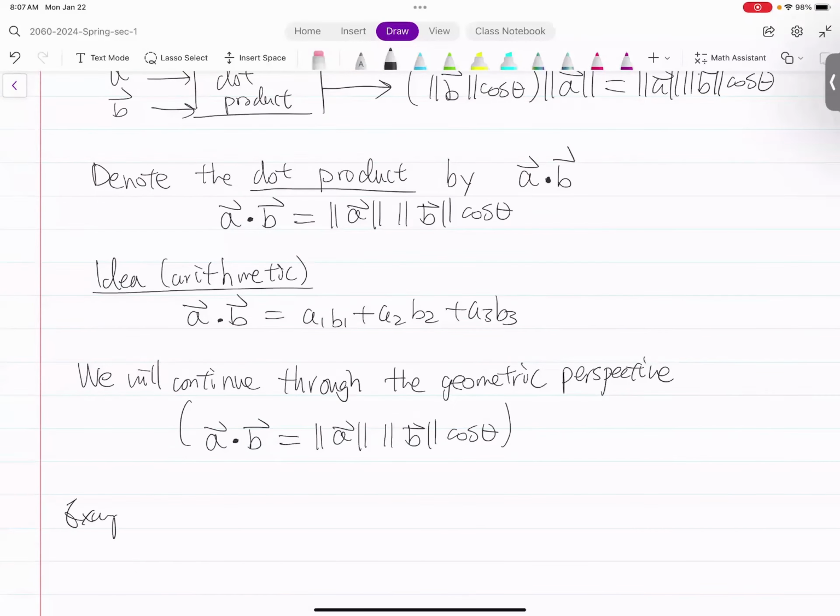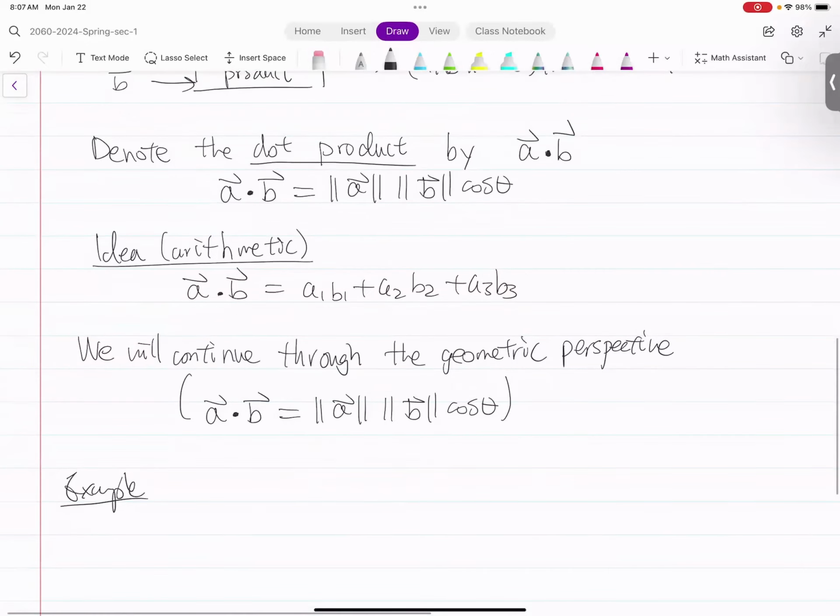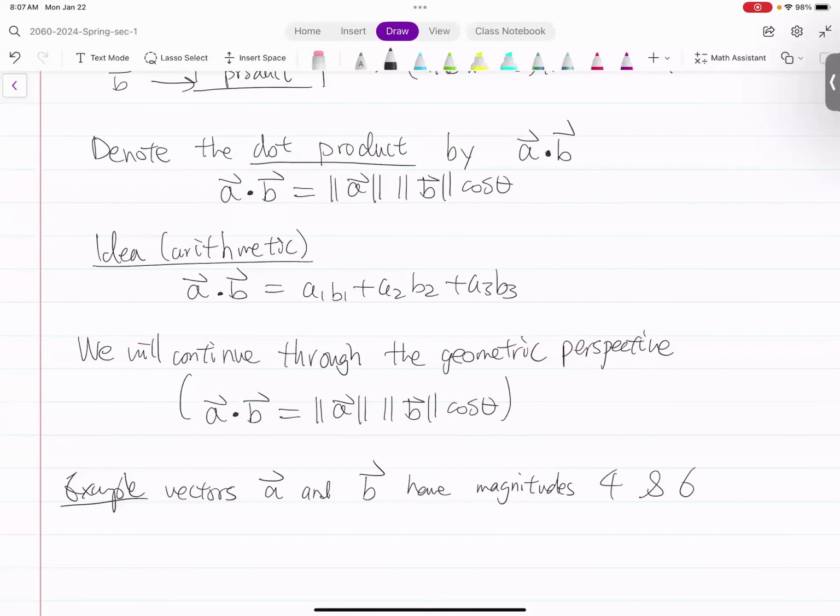Example. So we begin with the fundamental one. Vectors A and B have magnitudes 4 and 6, and the angle cut between the vectors is pi over 3.